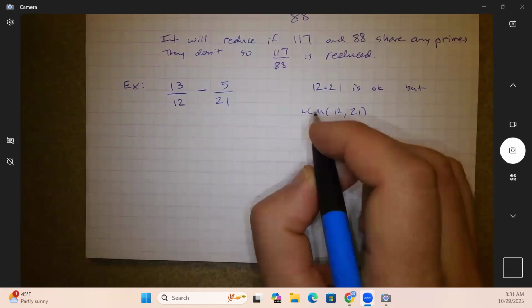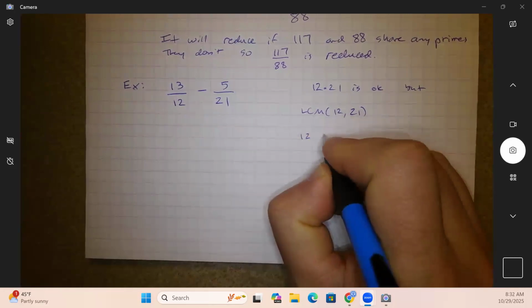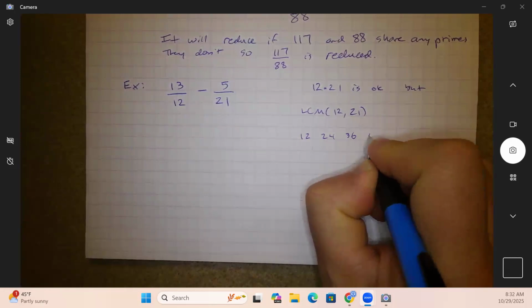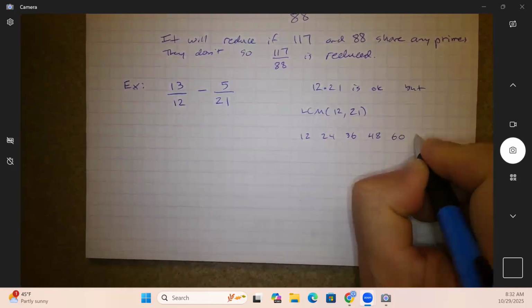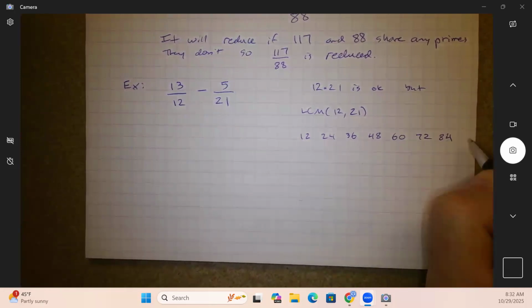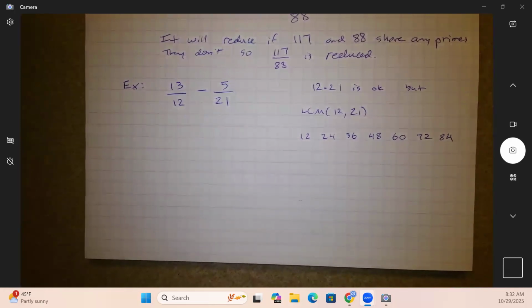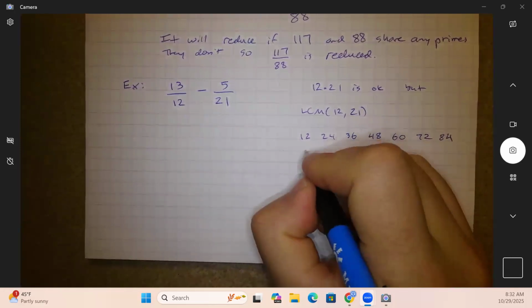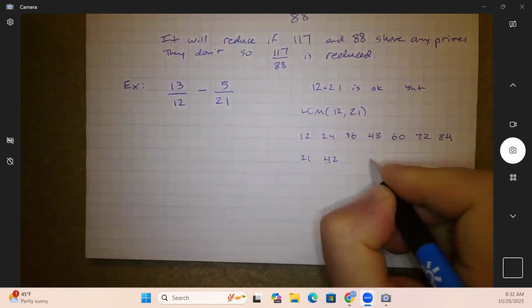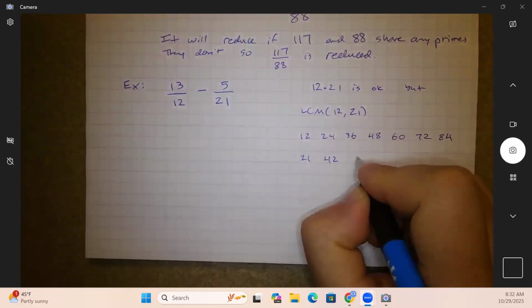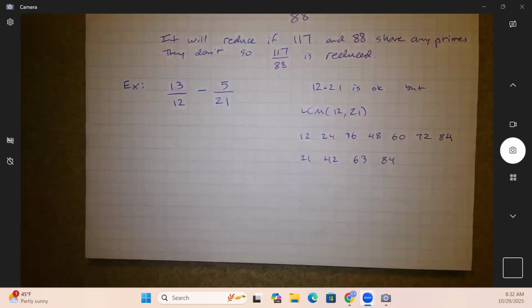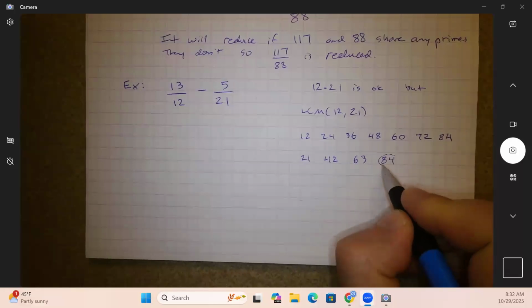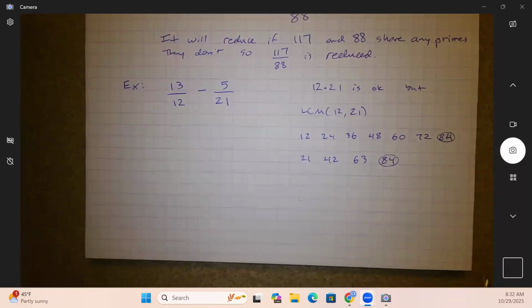So the way I do this is I count by 12s: 12, 24, 36, 48, 60, 72, 84, 96, etc. And in parallel, count by 21s: 21, 42, 63, 84. And as soon as you see the same number appear in both, that's the least common multiple. That's the denominator I'm going to be going for.